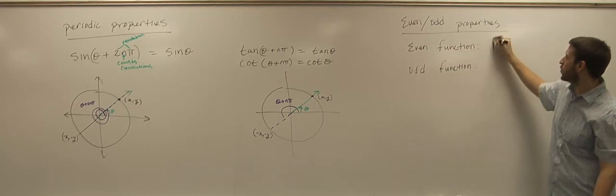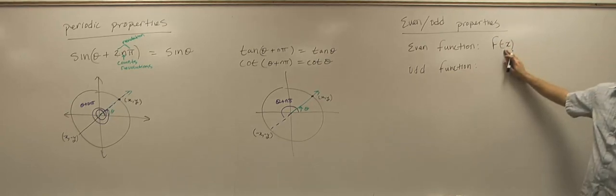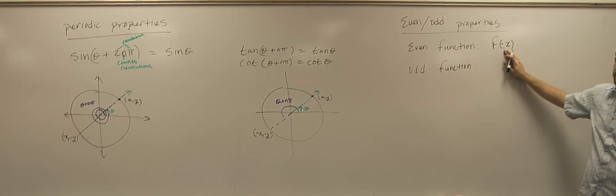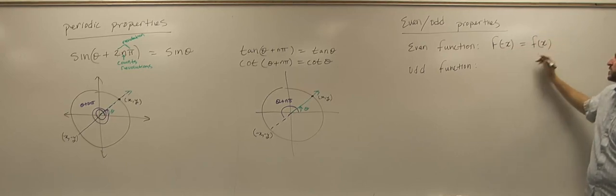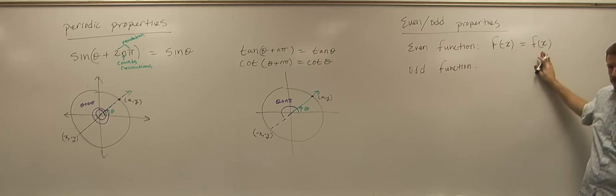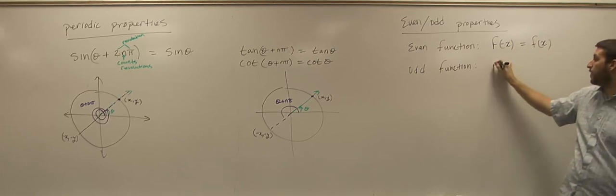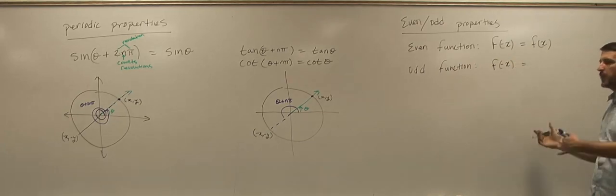The way even functions work is if you plug a negative inside, it's as if you hadn't put the negative in at all. Like x squared is even. Whether you square 3 or you square negative 3, you get the same thing. So this is what an even function satisfies. If you put a negative inside, it just vanishes. It's not important. An odd function, if you put a negative inside, the negative pops out front.